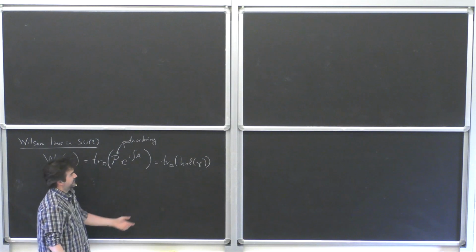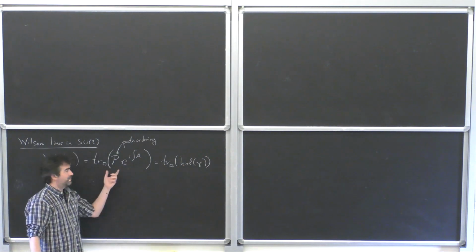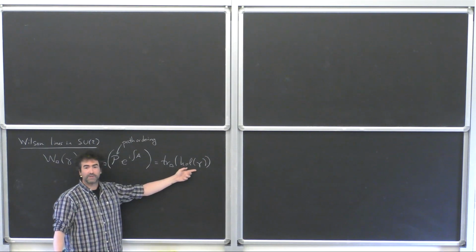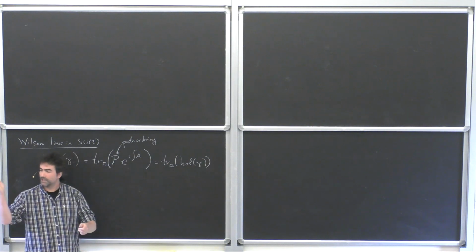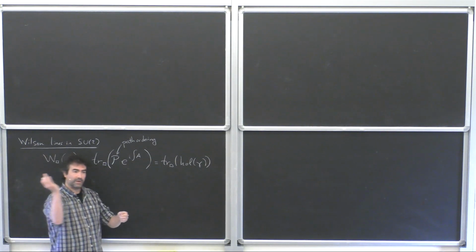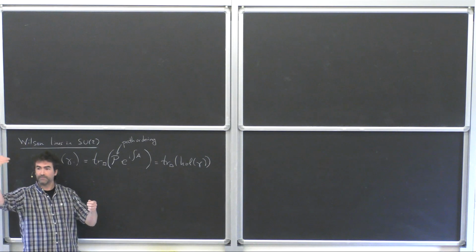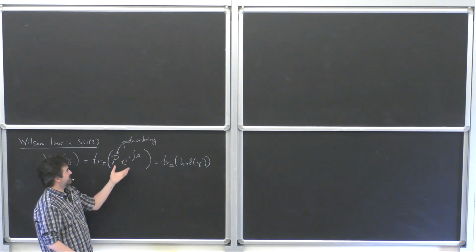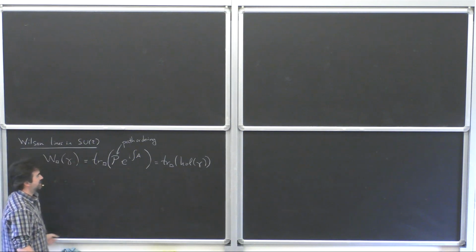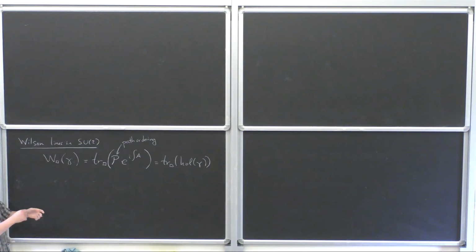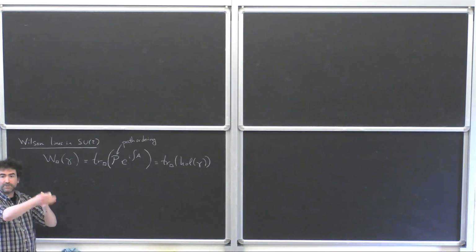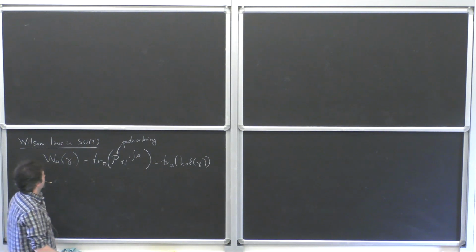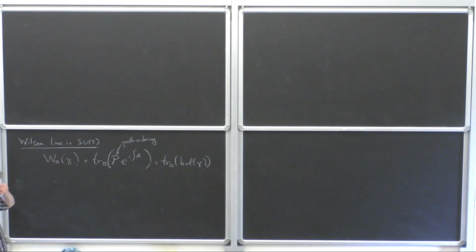Of course, this is just a definition of the holonomy, but I find this a little bit clearer to think about. What this means is that you take some charged object, you drag it around the manifold, and the vector in internal space changes. This is the precise expression that tells you how it changes. But geometrically, it's just how this vector is parallel transported around the manifold. Okay, so this is the Wilson line.